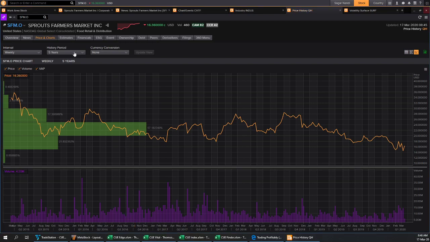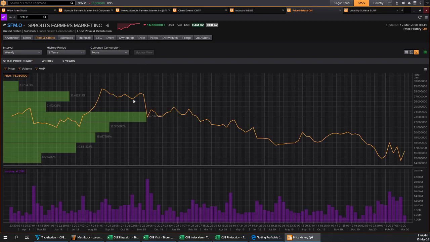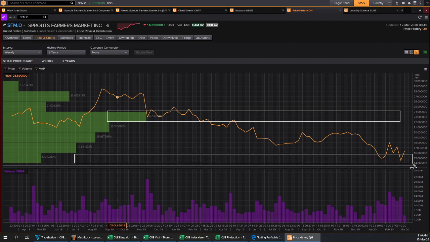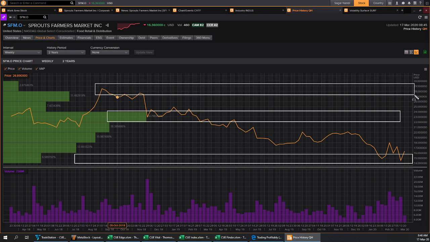So for swing trading purpose, I like to look at 2 years data. Update the view back again. I have a theory that these maximum volume areas are not entry points. Those are consolidation or exit points. I like to take the trades at extremes. And that concept is true for all my trade setups also.